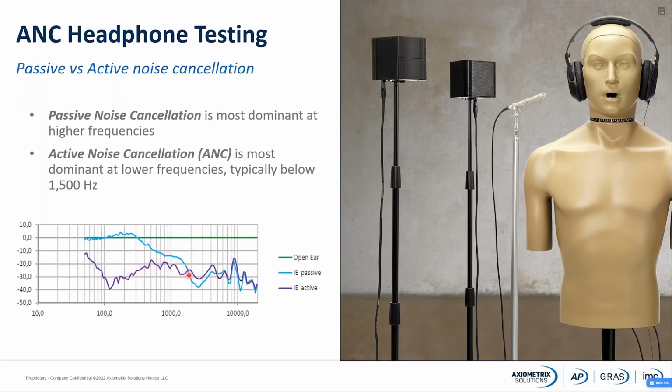We can see that more or less around 1.5, 1.7 kilohertz and above, passive attenuation is the most dominant type of attenuation, while below that frequency, it's the active noise canceling that is most dominant.